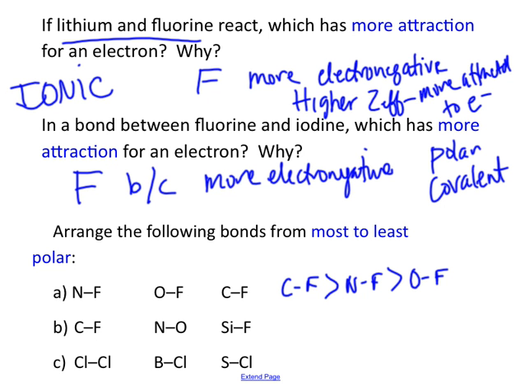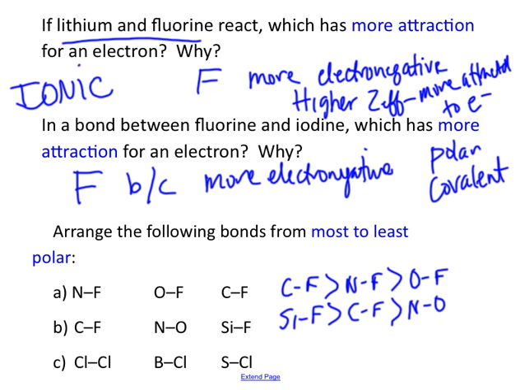All right. C to F, N to O, or Si to F. Level takes precedence, remember. Level takes precedence. Which one's going to be the biggest? SiF. And then C to F, and then N to O. Okay.